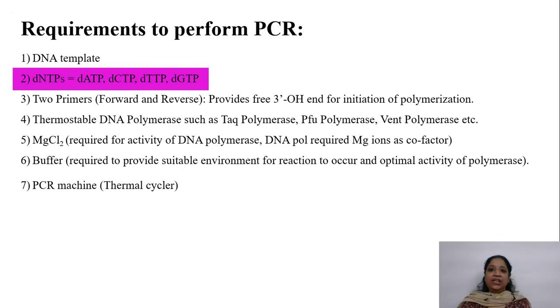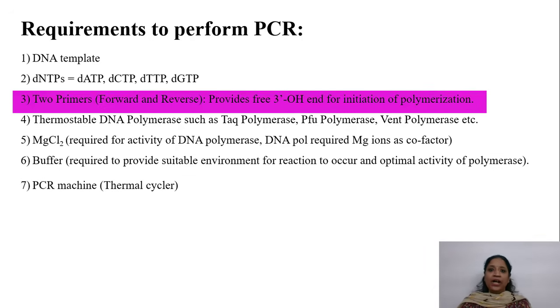Next, we need dNTPs, that is deoxynucleotide triphosphates, which are the building blocks of DNA, especially the four nucleotides dATP, dTTP, dGTP, and dCTP. These provide the raw materials to extend the DNA strands.